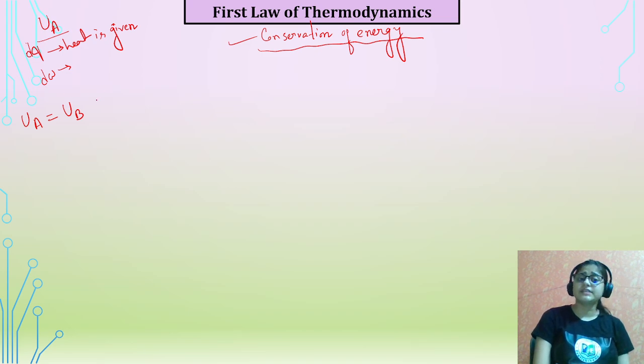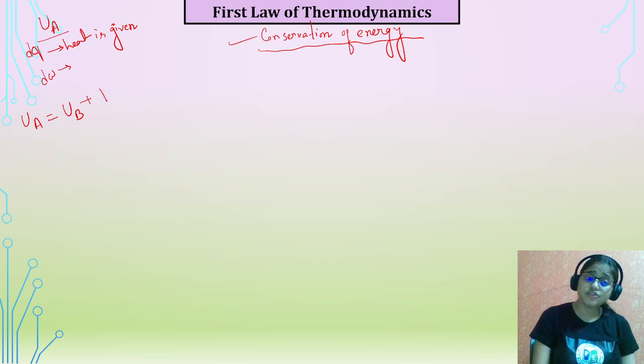The system is given some heat, and it uses that heat for work. So dq is there and dw is there.